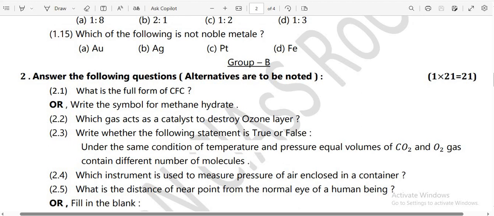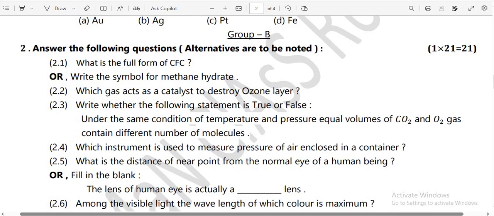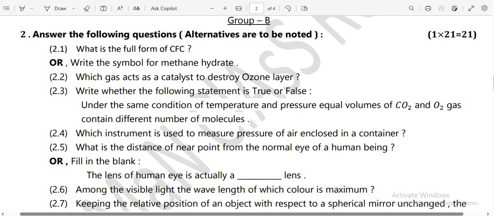Under the same condition of temperature and pressure, equal volumes of CO2 and O2 gas contain a different number of molecules. 2.4 Which instrument is used to measure pressure of air enclosed in a container? 2.5 What is the distance of near point for a normal eye of a human being?